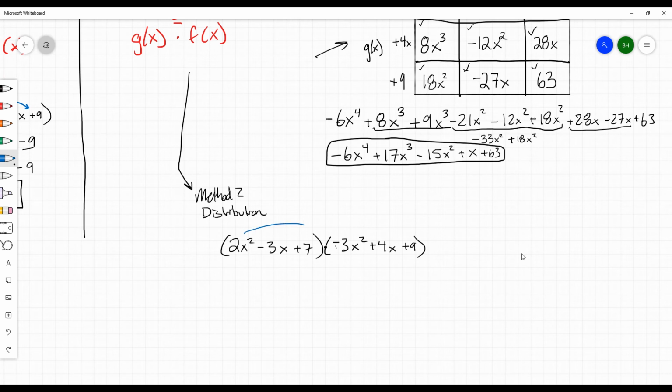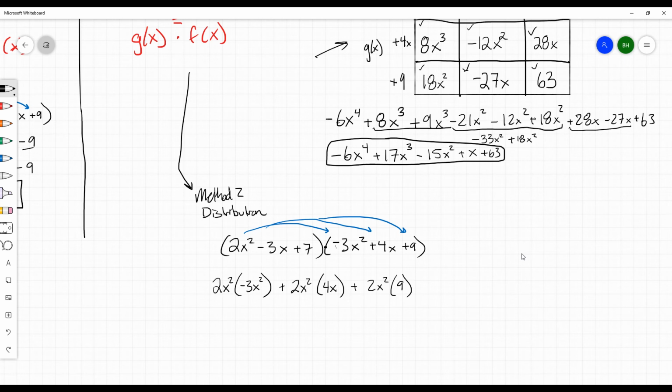We're going to do this 2x squared, multiply it with everything in that set of parentheses. So we'll get 2x squared times negative 3x squared plus 2x squared times 4x plus 2x squared times 9.